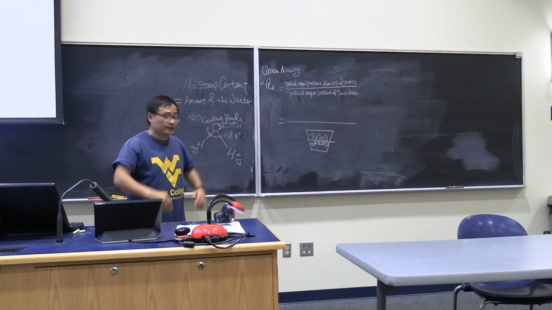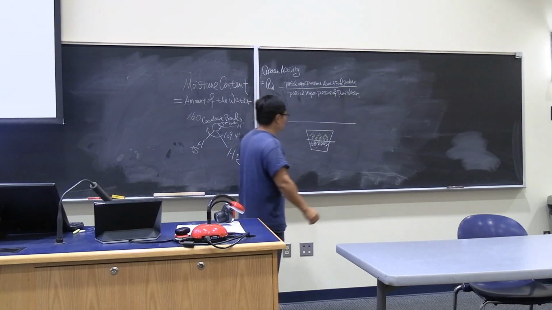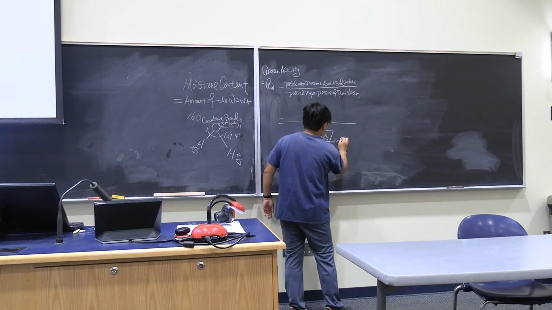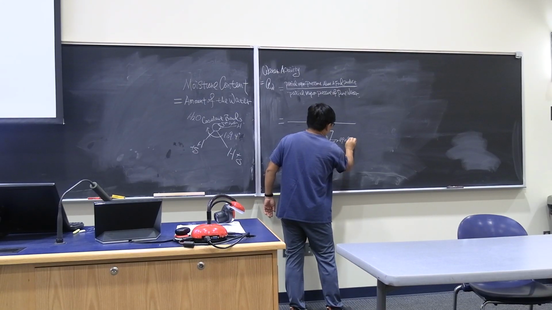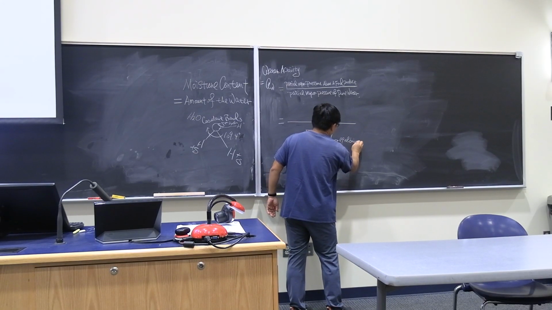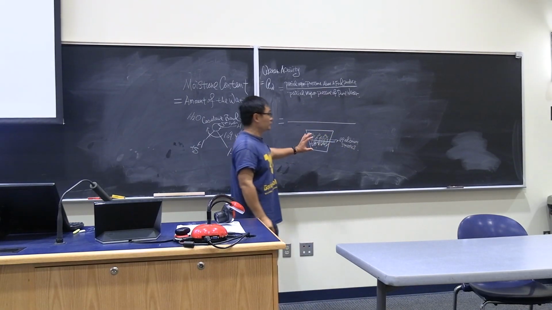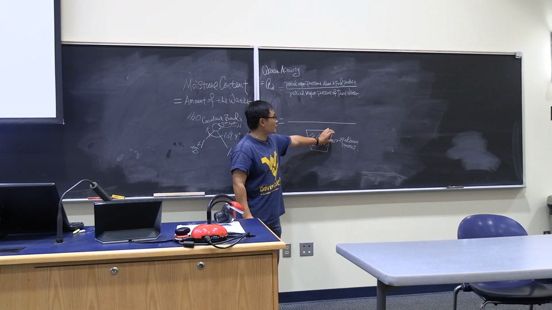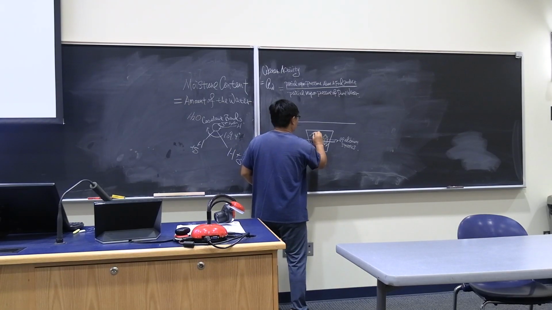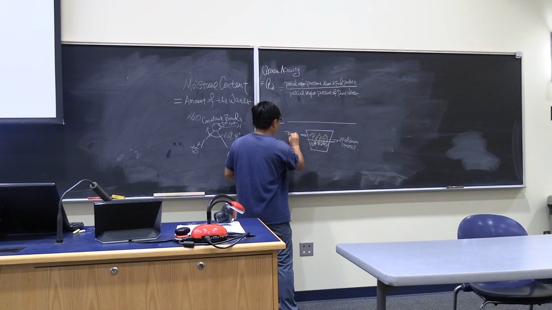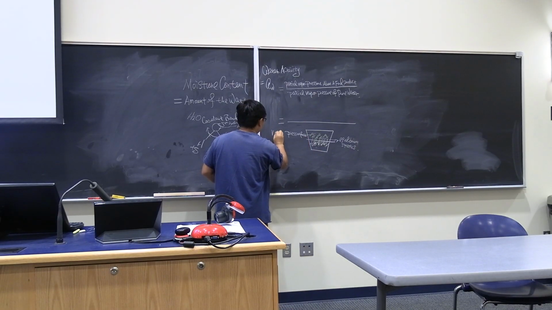So they go, they come back. After a certain time, they will reach equilibrium status. At this moment, there is some pressure up here. This pressure is called vapor pressure.